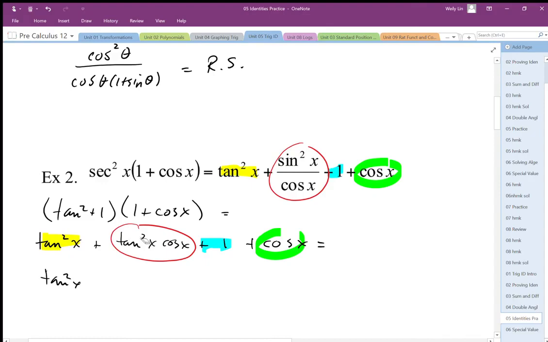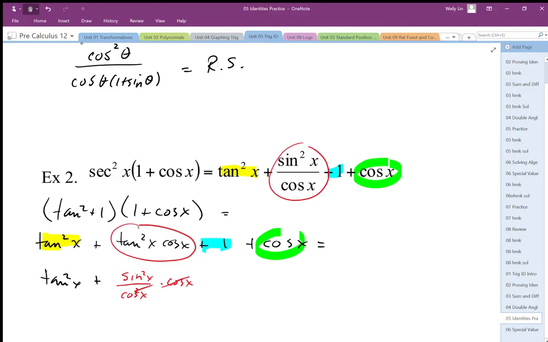Well, if I rewrite that as sine squared over cos squared, I generate my sine squared, I generate a cos in the denominator, and that cos squared cancels with this multiplier cos. So that's what I'm going to do to prove this. I get sine squared over cos squared times cos. Those are going to cancel out, and that's going to generate that expression.